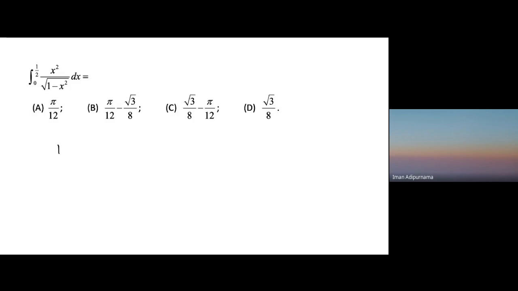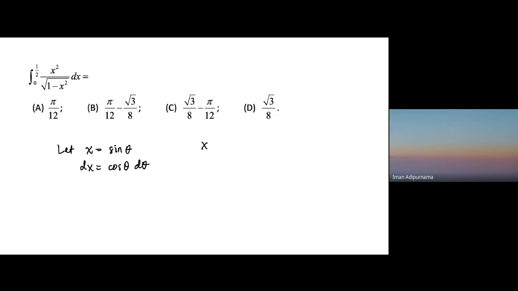So let x be sine theta. So your dx will be cos theta d theta. And when we convert this x to theta, we also need to convert the endpoints of the interval of integration.